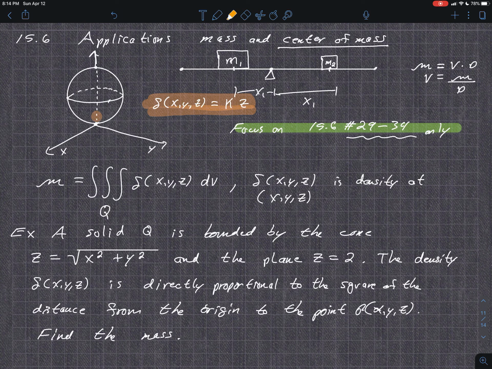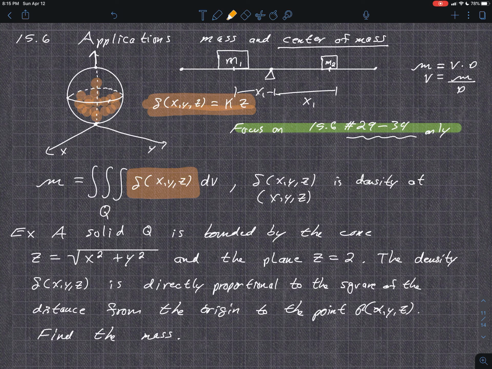So the density here is different than the density up here. That's a varying density, and that's what would be in your function down here. When you do that calculation, you're adding up each tiny little point, and each has a different mass.